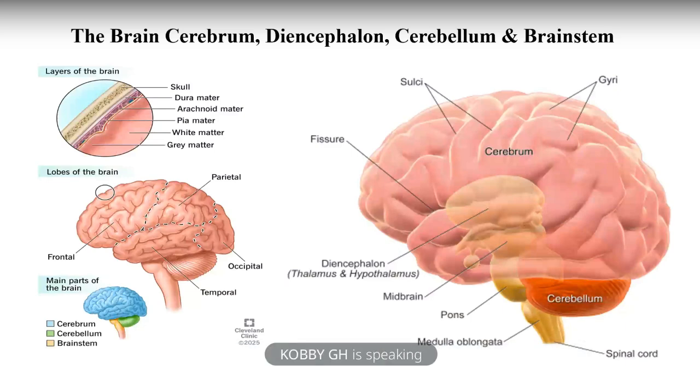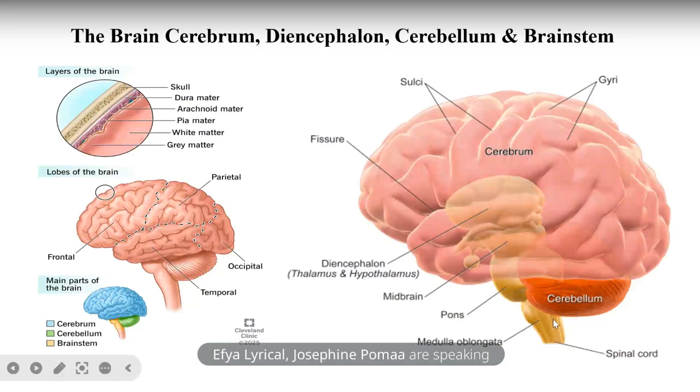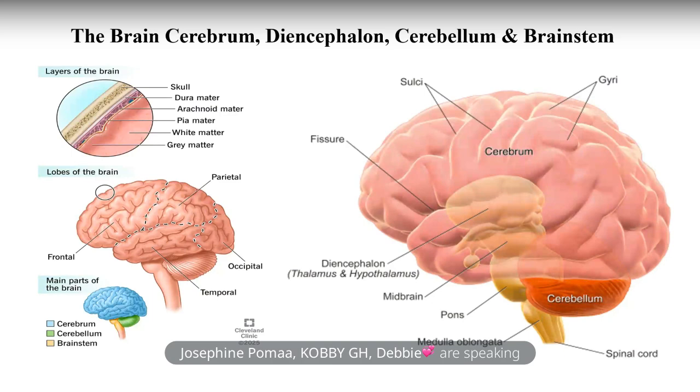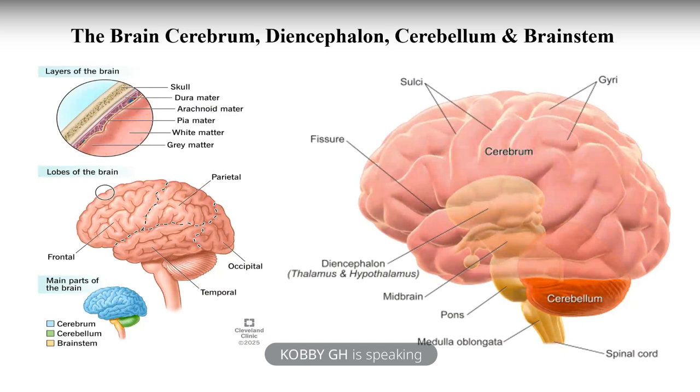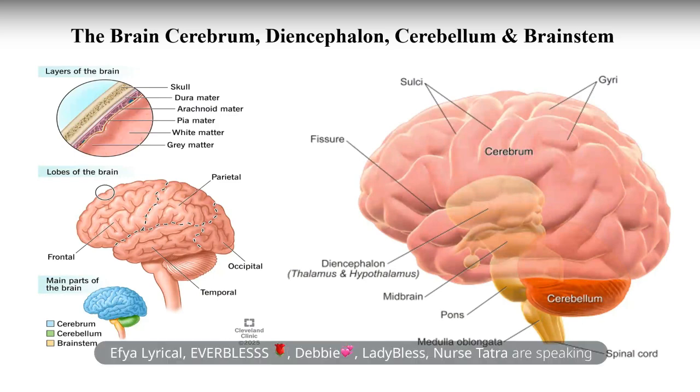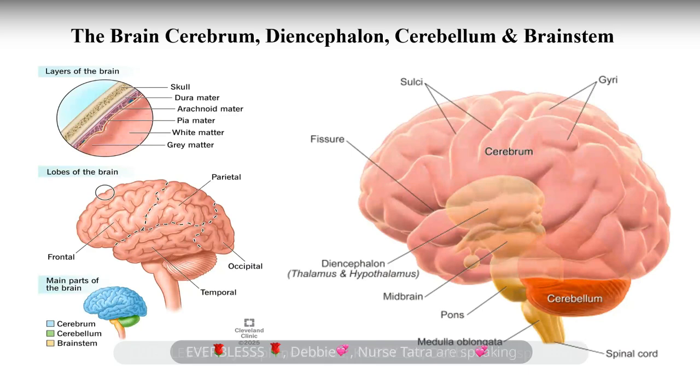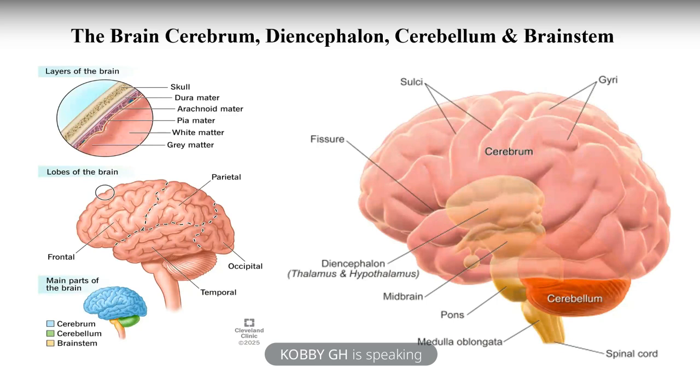The medulla oblongata, or myencephalon. Which part of the brain stem connects to the spinal cord? The medulla. Yes. So in a question like that, you should expect to see either myencephalon or medulla oblongata.